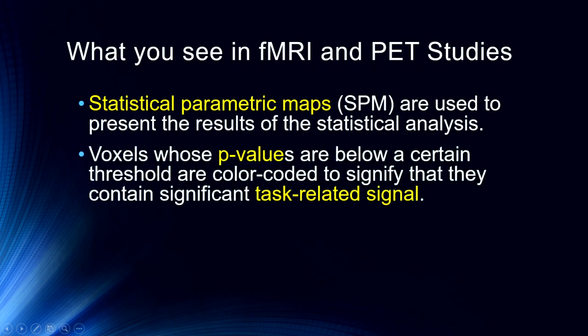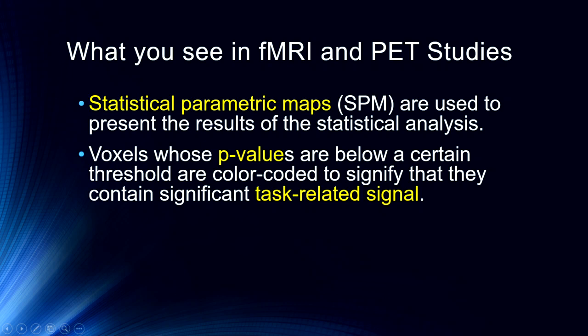So voxels, those 3D volumetric spaces, whose p-values are below a certain threshold, and those p-values are an important part of statistics. When a p-value is below that threshold, we call it a significant difference. All you need to know about that. These are color-coded to signify that they contain significant task-related signal differences. Essentially, we're statistically testing the signal return in that area from two different tasks or across two different people.